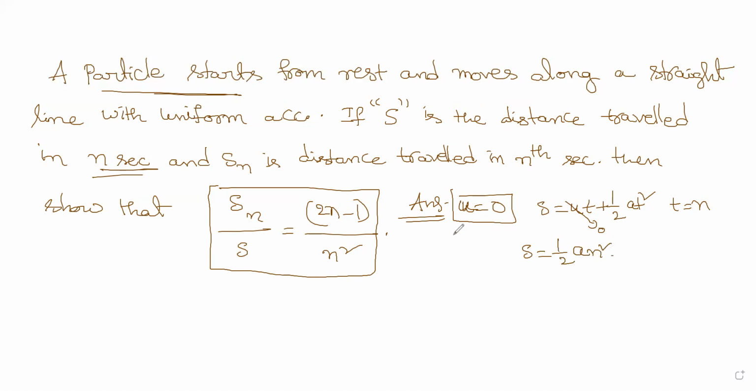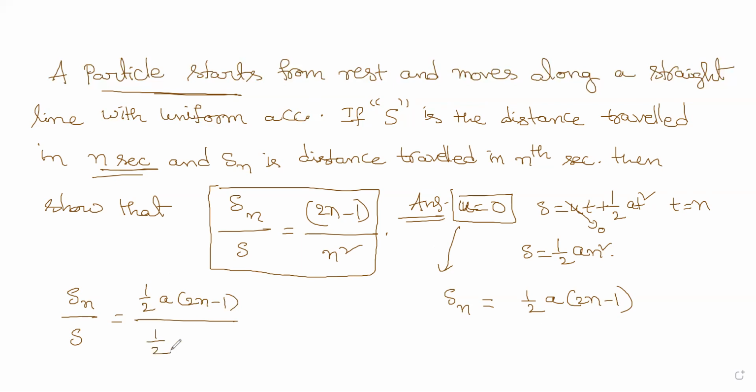Similarly, when u is equal to 0, the distance traveled in the nth second is given by half a into 2n minus 1. So take the ratio: Sn divided by s is half a into 2n minus 1 divided by half a n square.